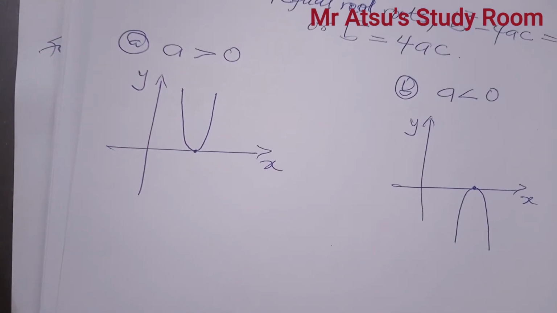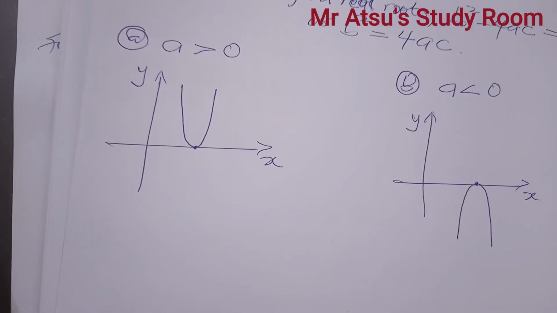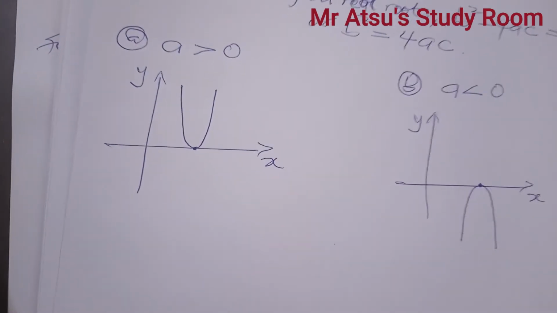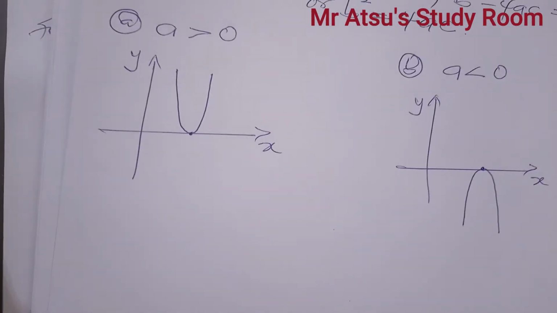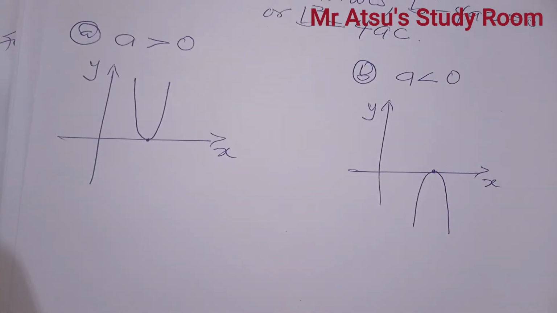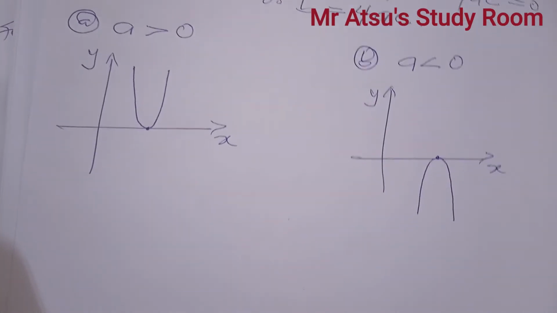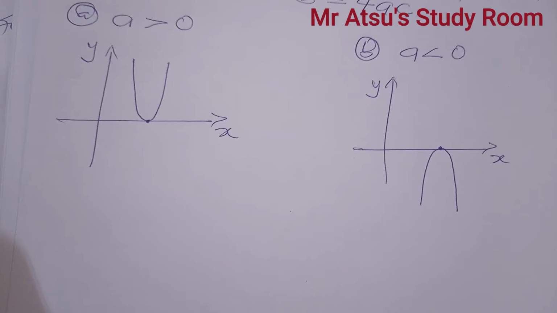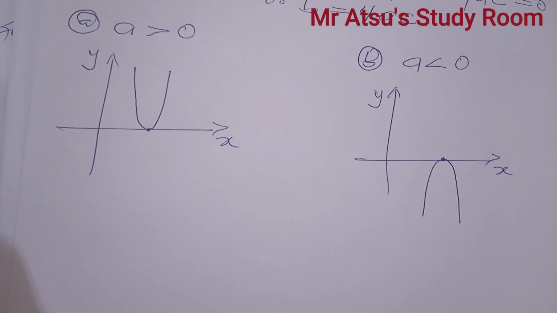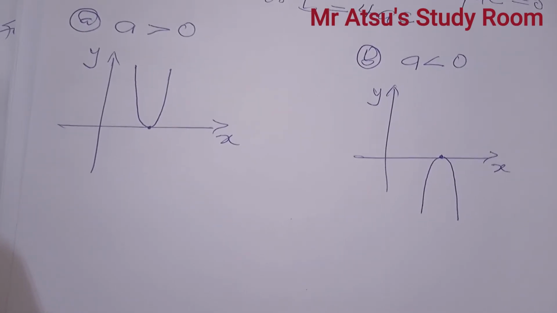So some books will tell you that it has only one solution. But it is only that it is a repeated number. So the calculator doesn't want to repeat, so it will show only one answer, and that is it. But it's actually repeated roots. Let's take some examples now.